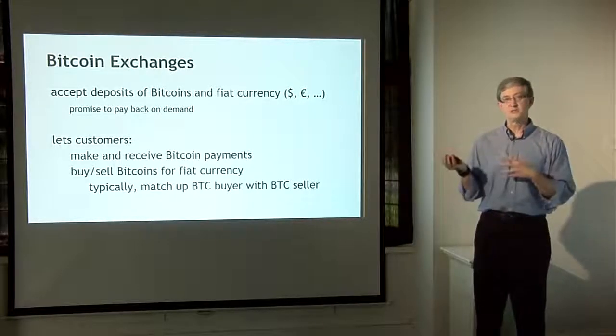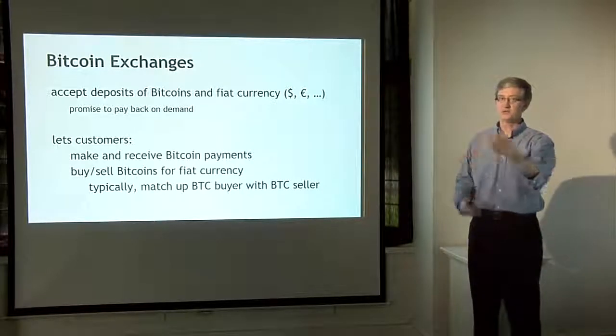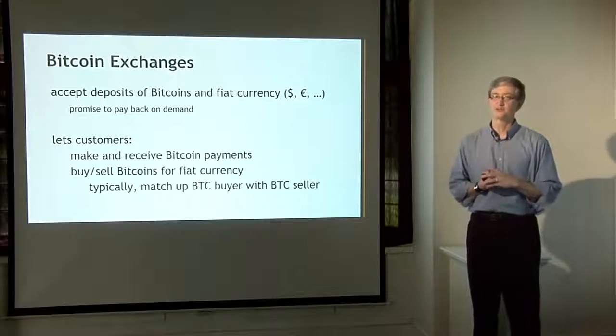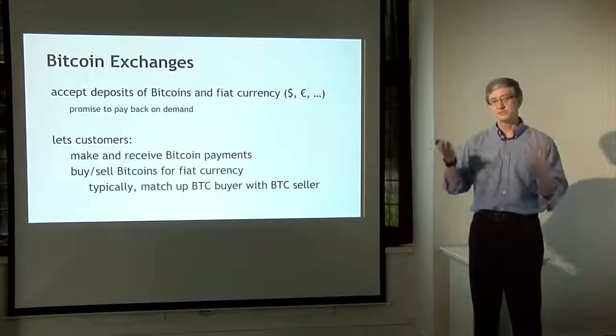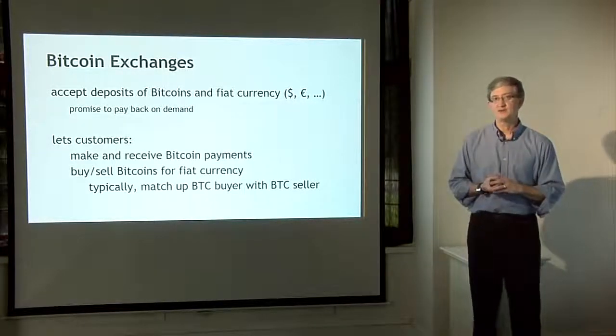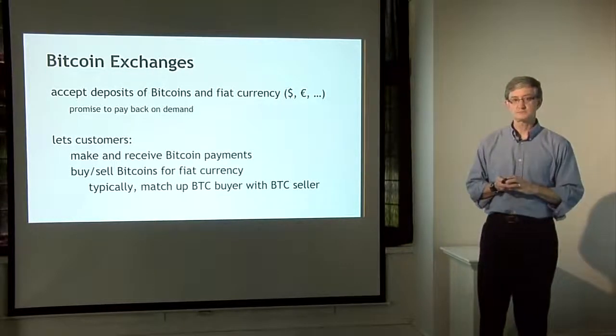Typically the way they do that is they find some customer who wants to buy Bitcoins with dollars and some other customer who wants to sell Bitcoins for dollars, and they try to match them up. That is, they try to find customers who are willing to take opposite positions in a transaction so that there's a mutually acceptable price, and then they will consummate that transaction.